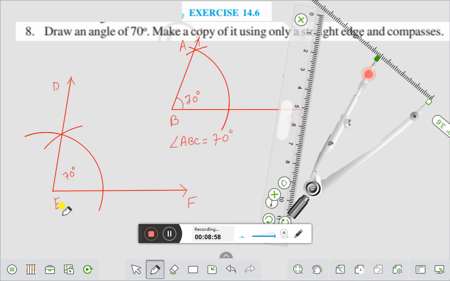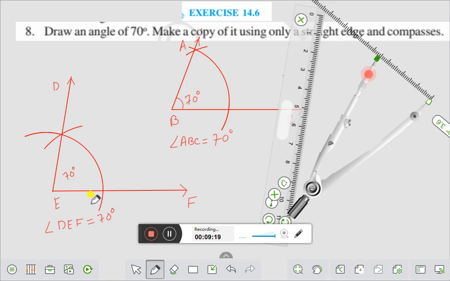And here also you see angle DEF, angle DEF is also equal to 70 degree.